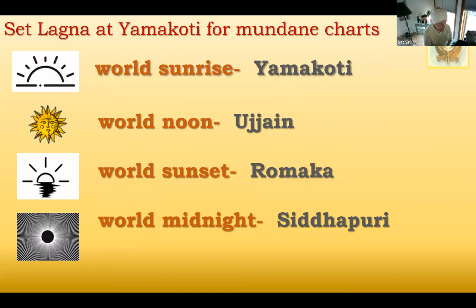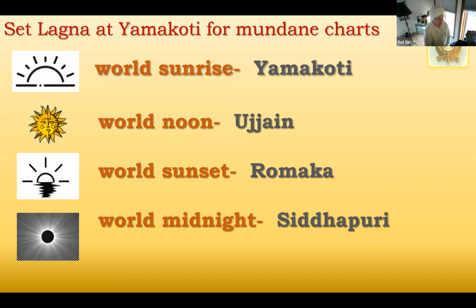Now, for the studies that I'm doing in mundane astrology, I'm following the advice of Surya Siddhanta, which says we can study mundane charts from a place called Yamakoti, which is at the eastern edge of the world. And I find it to be a really good technique because it allows one common denominator for every chart you study.